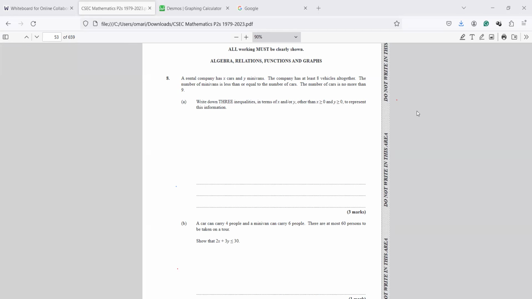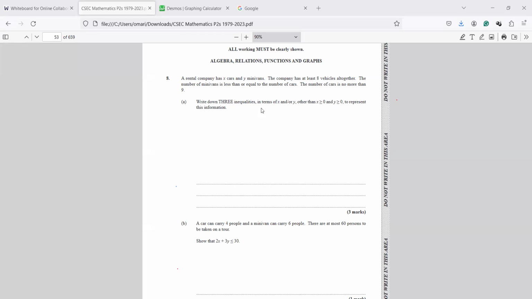So the question says write down 3 inequalities in terms of X and or Y other than X greater than or equal to 0 and Y greater than or equal to 0 to represent this information.